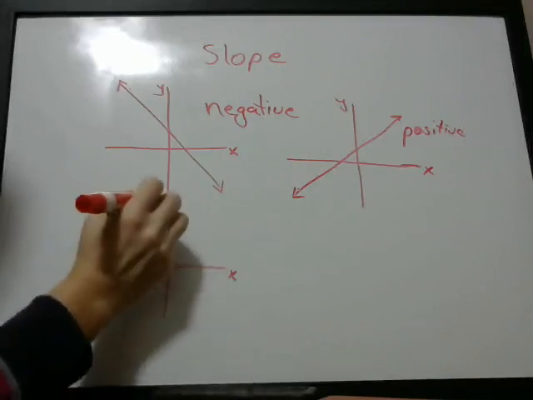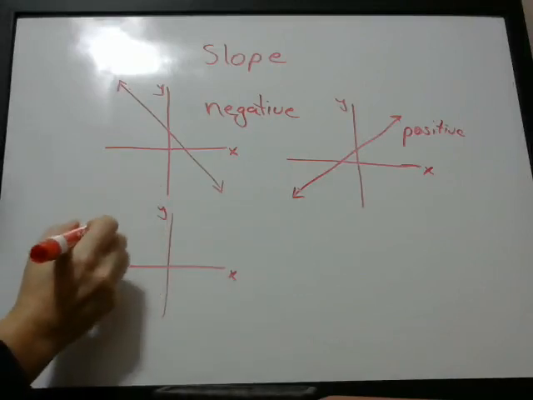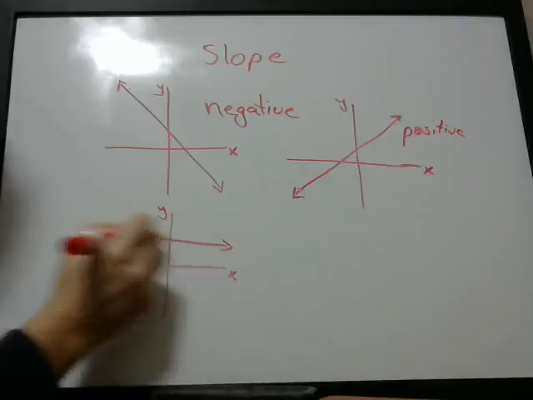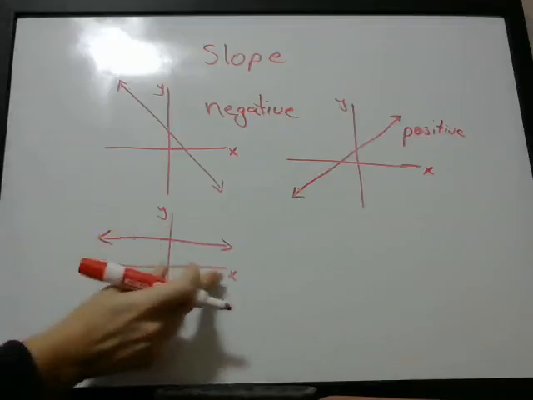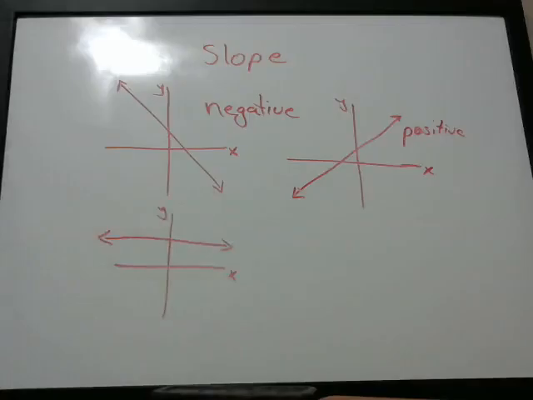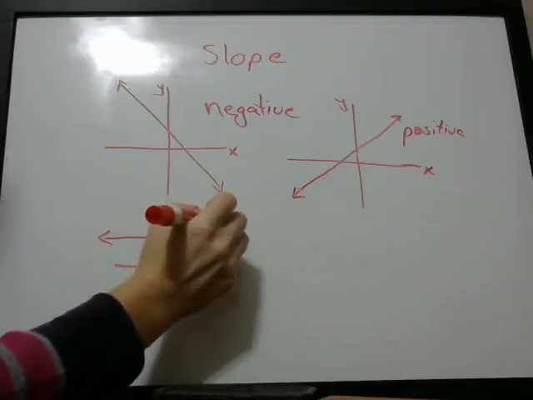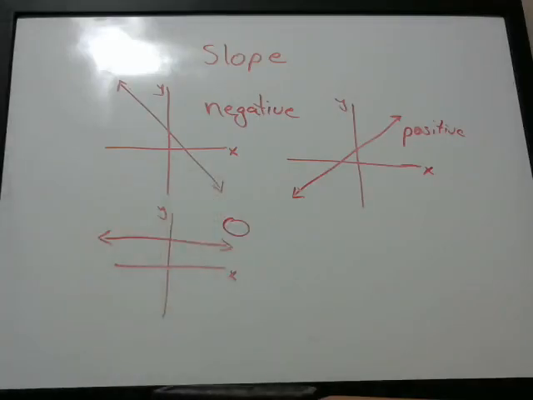If you have your coordinate system and you have a line that's horizontal, so that means it's parallel to the x-coordinate, it's just going straight across, that's going to have a slope of 0.